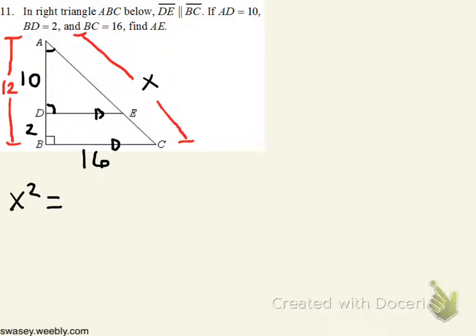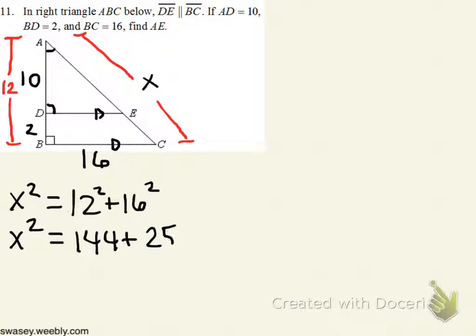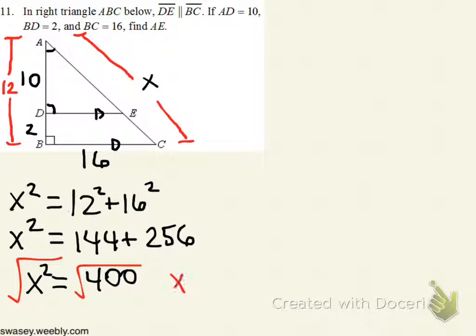Big triangle, big right triangle. So we get 144 plus 256, which comes out to be 400. To get rid of squared, we'll square root. Only a positive answer makes sense here, so we get x equal to 20. So for the big triangle, the hypotenuse is 20.